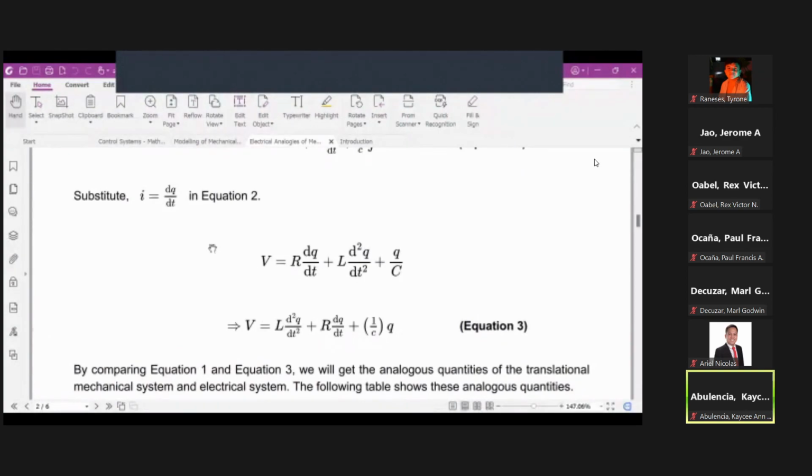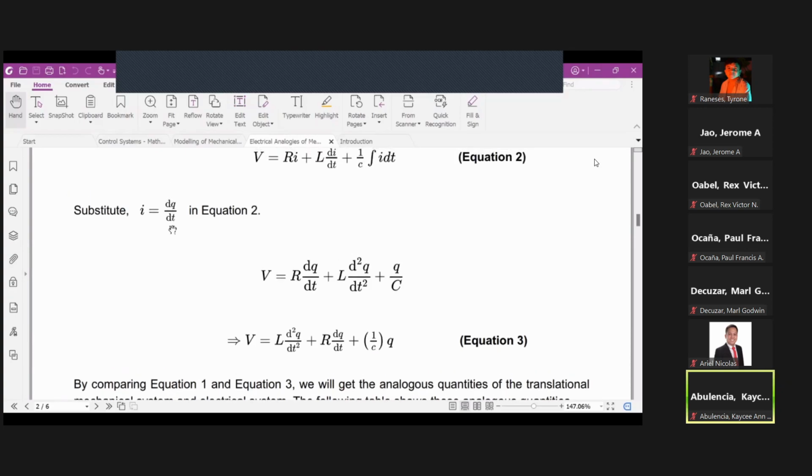Ita-transfer lang naman natin tong current into this change in charge all over time. So R times i, which is dq all over dt, plus L, copy lang natin yung L. Since meron ka ng di all over dt dito, you have d squared q all over dt squared, plus the integral of i dt. Therefore, you have this q all over C.